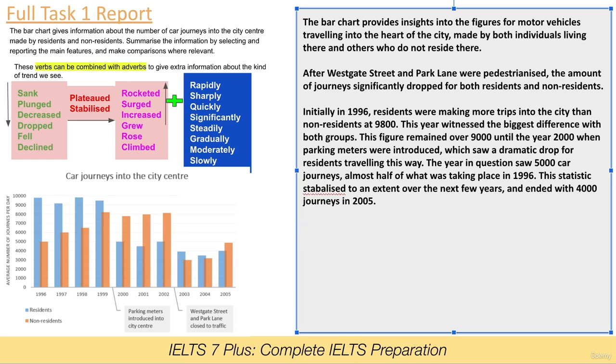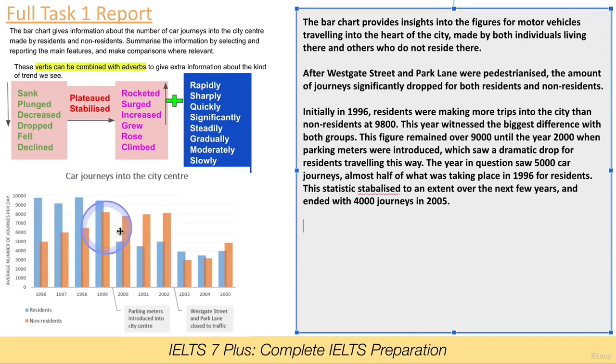The year in question saw 5,000 car journeys, almost half of what was taking place in 1996. We could be more specific here and say for residents. This statistic stabilised to an extent over the next few years and ended with 4,000 car journeys in 2005.